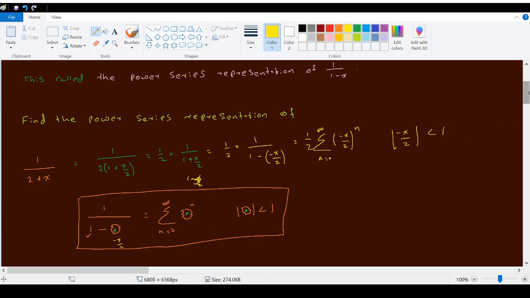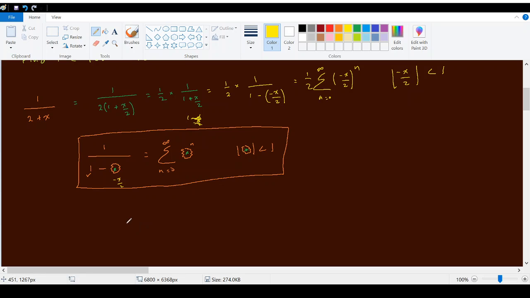So in other words, it says 1 over 2 plus x is equal to half sigma negative 1 to the power n x to the power n over 2 to the power n starting from 0 when the modulus of x is less than 2, right? See here, now the region is different, right?